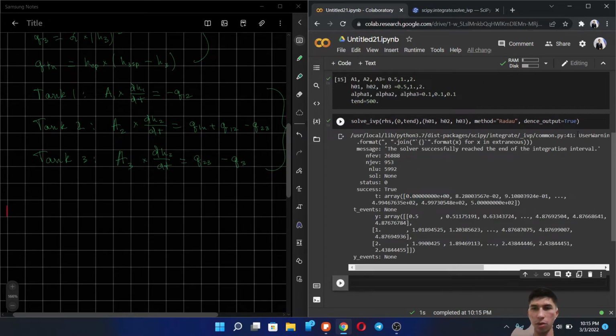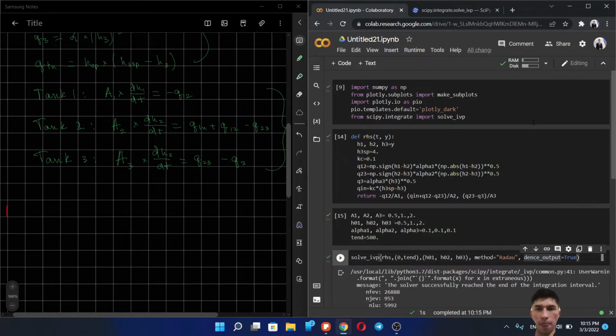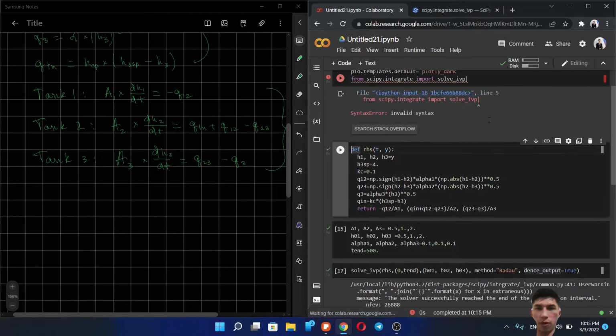Okay, I think we did something correct. Solve. So it should get, is it red? Yes, dense output should be true. Let's try to run all of this.